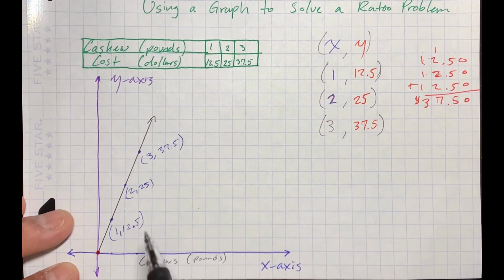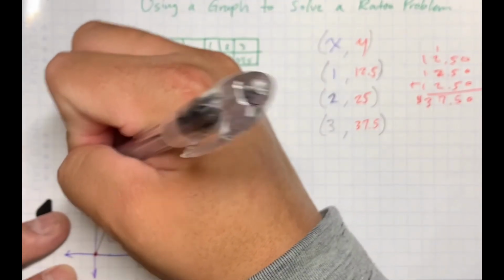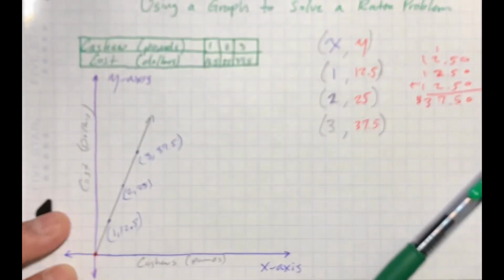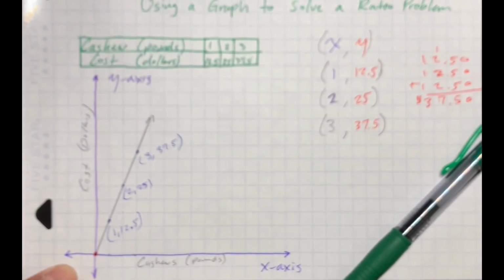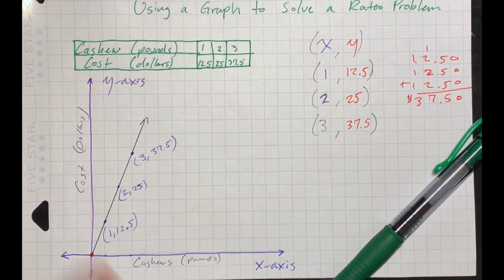And your y-axis will be cost, in dollars. So we're working with currency there. So there you go. Let's from now on also label the axes, that way we know what we're looking at. Okay, so any questions, please let me know.